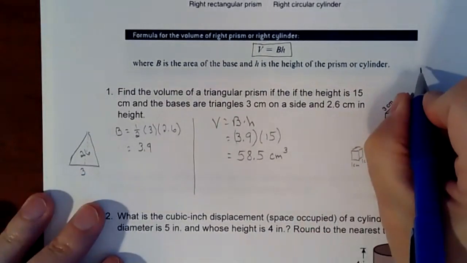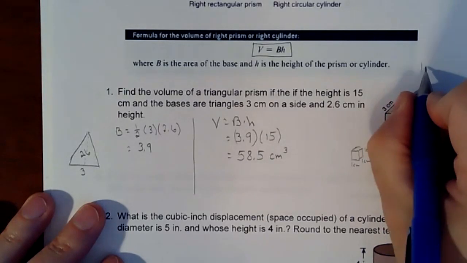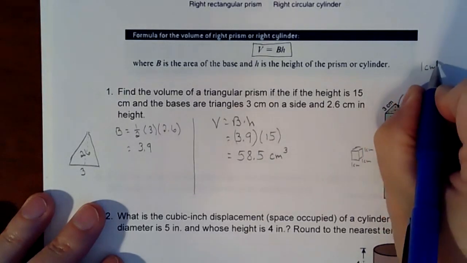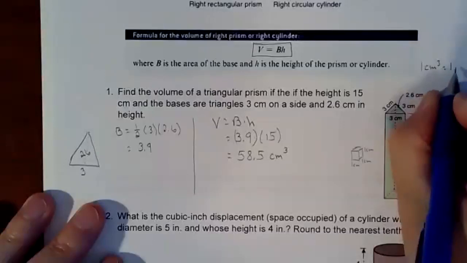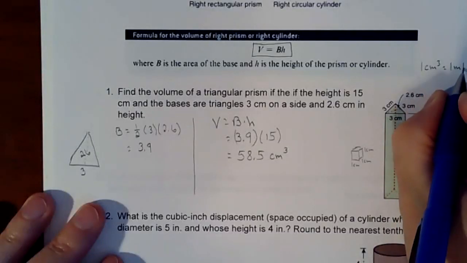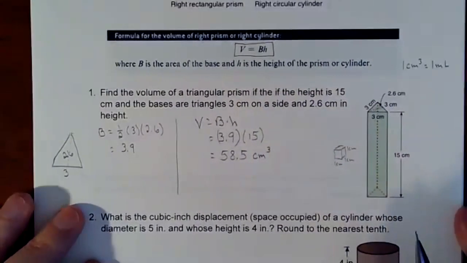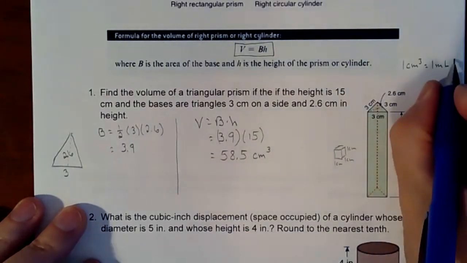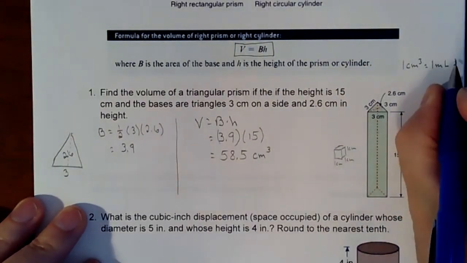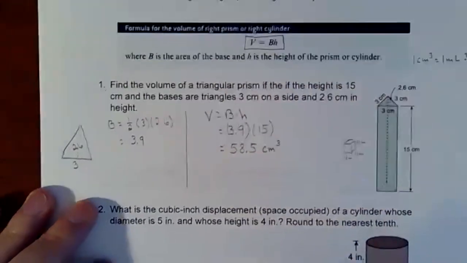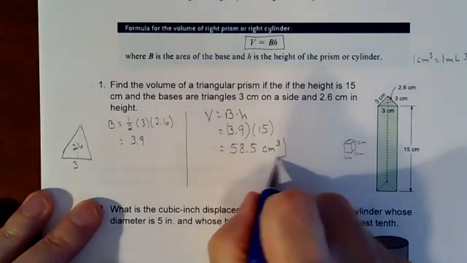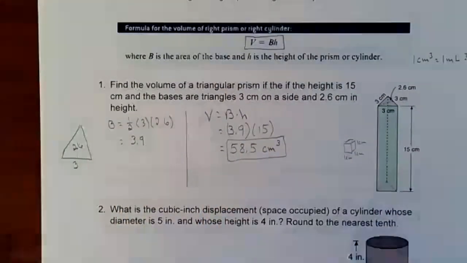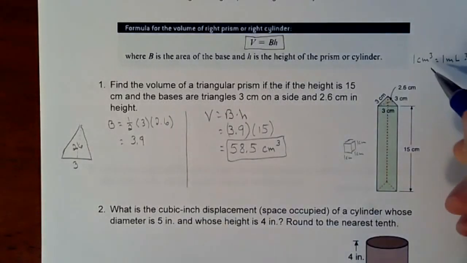I know I got some future ambulance people or ER people. 1 cubic centimeter, I think, is 1 milliliter of liquid. It's not my realm, but I think that's true. So there's definitely a relationship between a volume measurement and a liquid measurement.